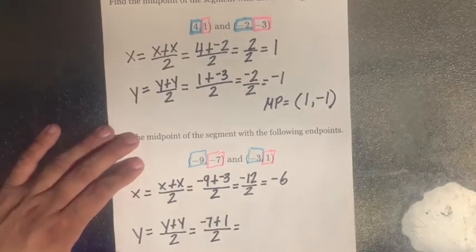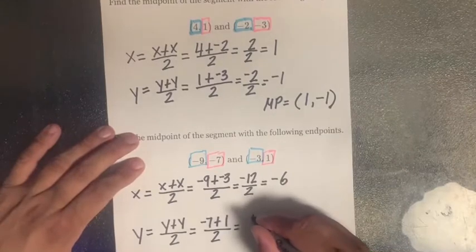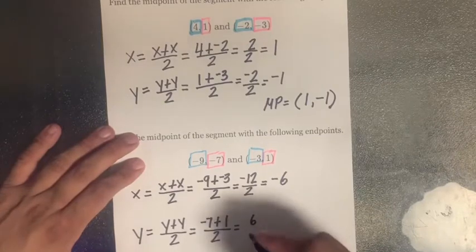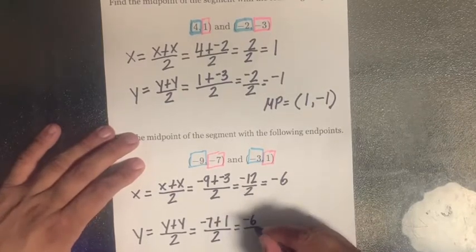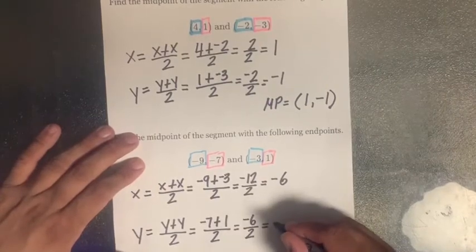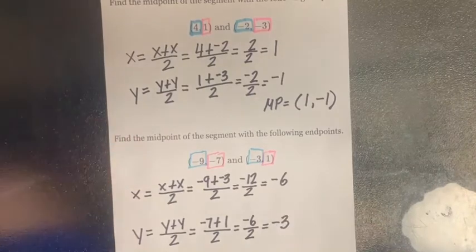Negative 7 and 1 are not the same signs, so we subtract. 7 minus 1 is 6. And 7 is the bigger integer, 7 is bigger than 1, and 7 is a negative, so the answer is going to be negative as well. Divided by 2. A negative divided by a positive is a negative. 6 divided by 2 is 3.